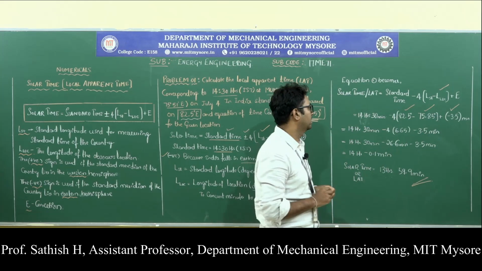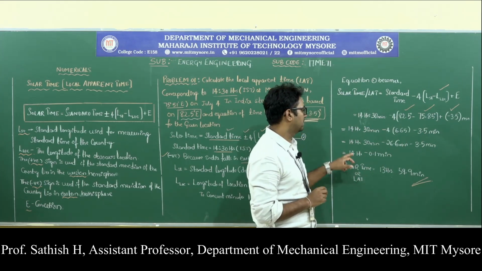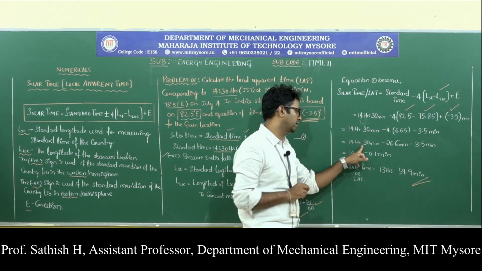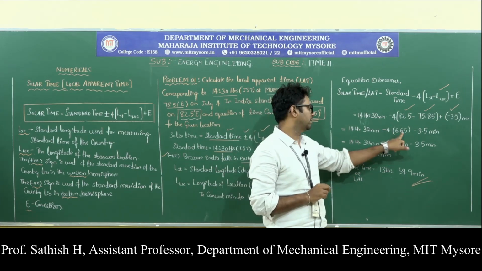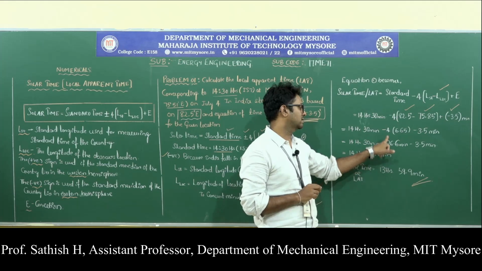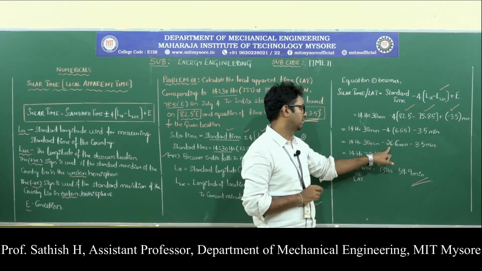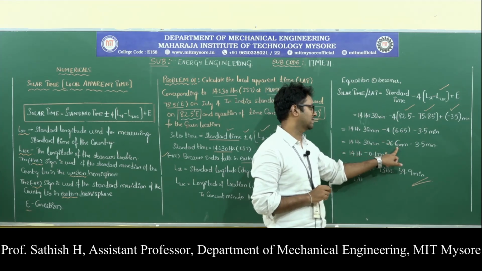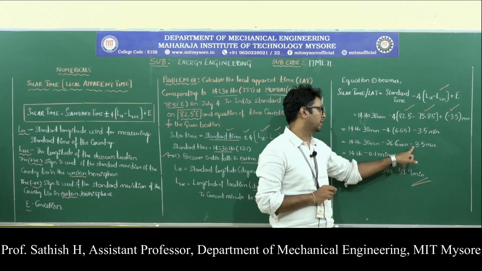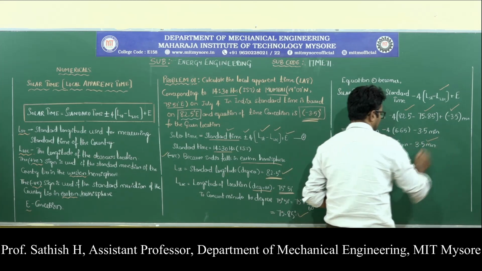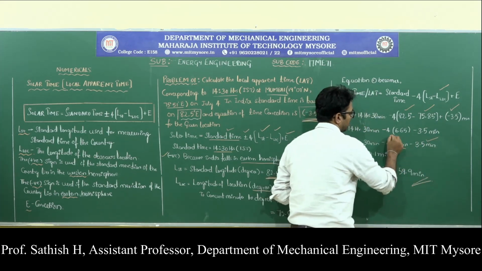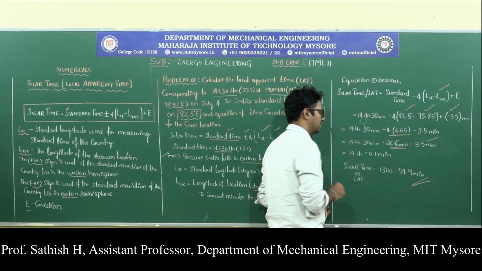We keep the 14 hours 30 minutes as it is. If you multiply these two, you will get 26.6 minutes, and then minus 3.5 minutes we kept as it is.